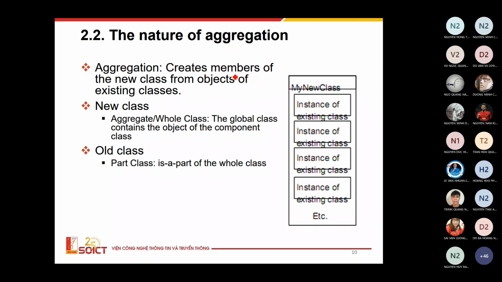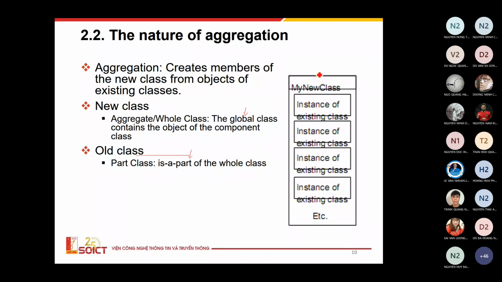They will create a member of the new class from the object of the existing class. The new class will be called the aggregate class or the whole class, and the old class can be called the part class, or you can call this one a global class, and this is a part of the whole class.